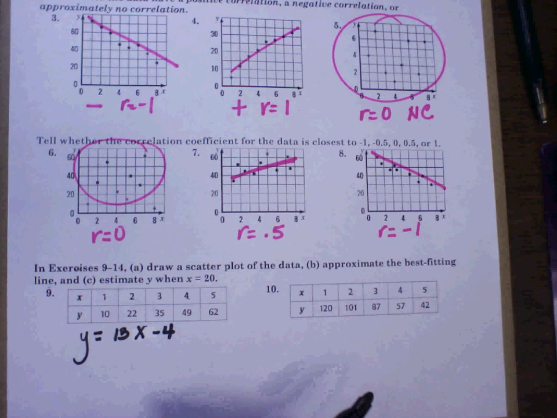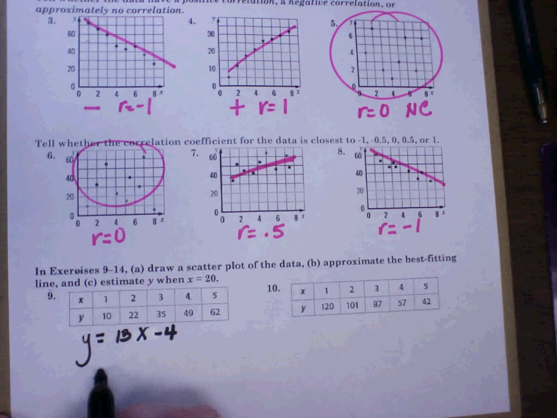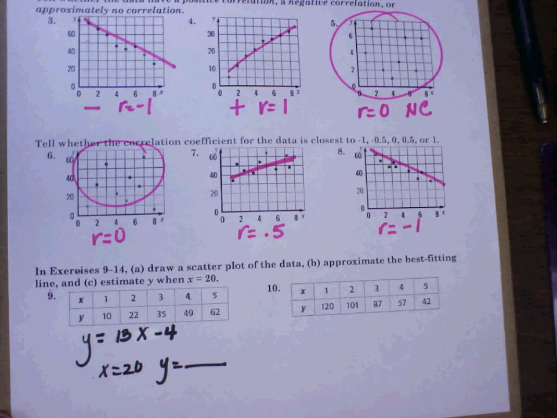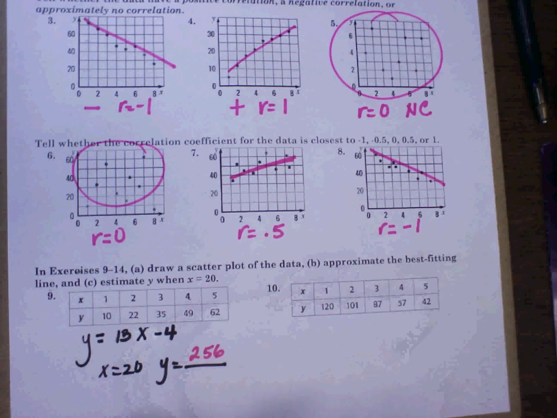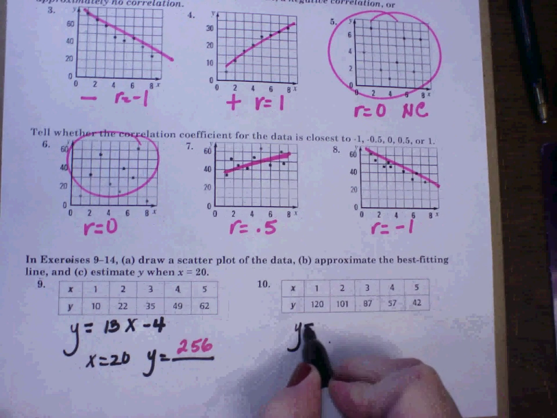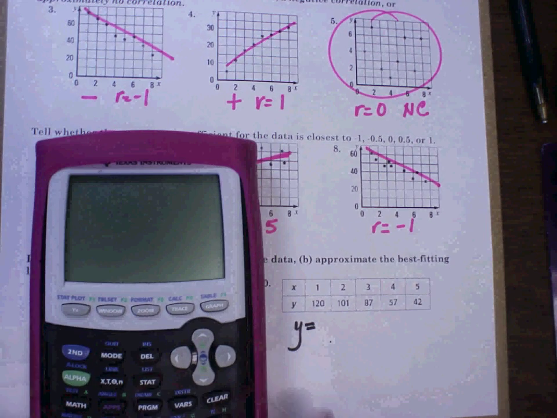So can I just say 13x minus 4? I'm sorry. Okay, so what is y? There are two options. You can either plug in the x or you can go straight to the table, right? So when x equals 20, what is y? 256?